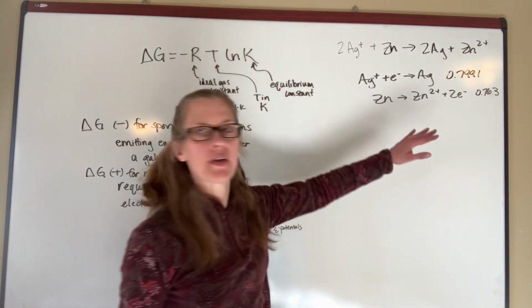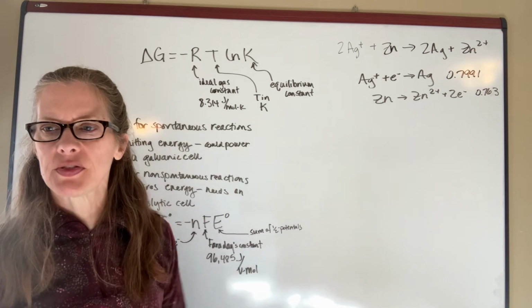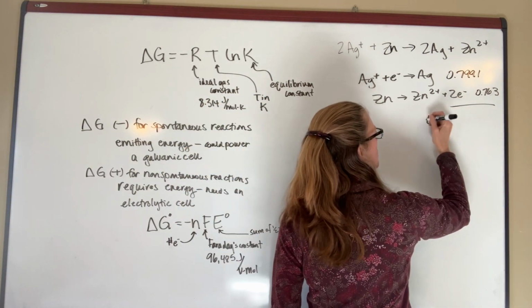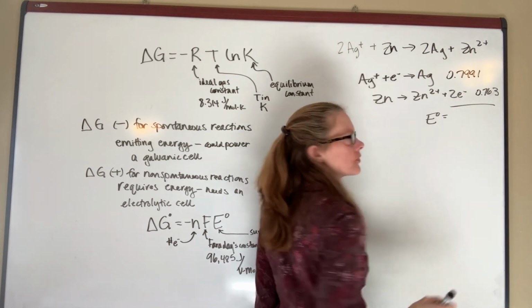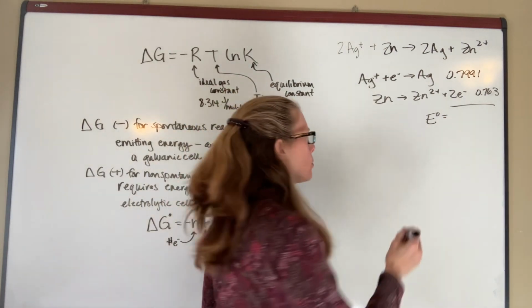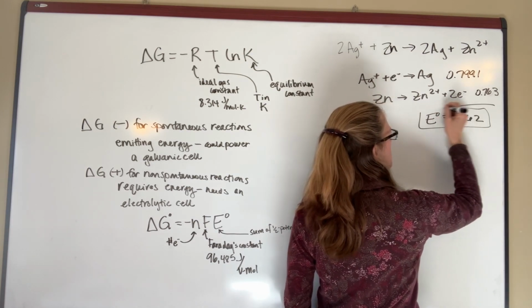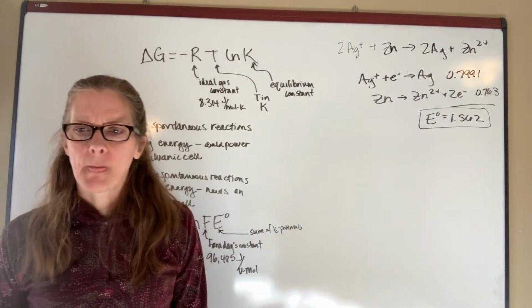Again, you know how to find those values off the table. That's not anything new. So when I add those together, the standard potential for the cell is going to be 1.562. So there's the potential for the cell.